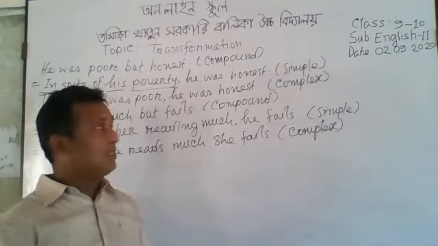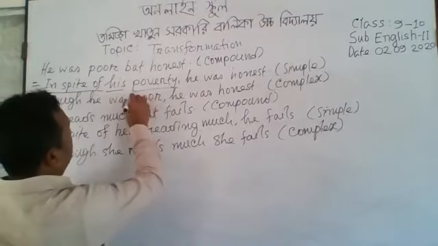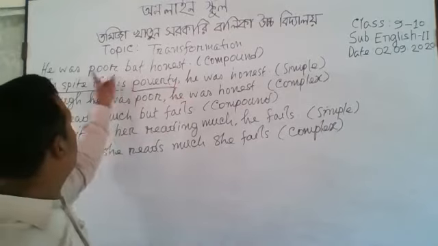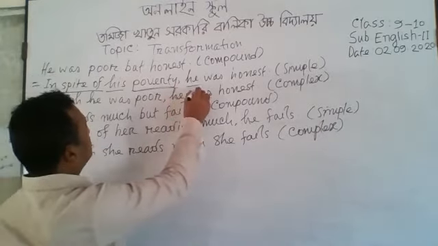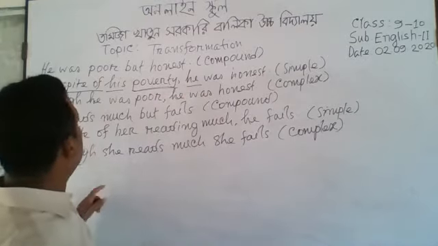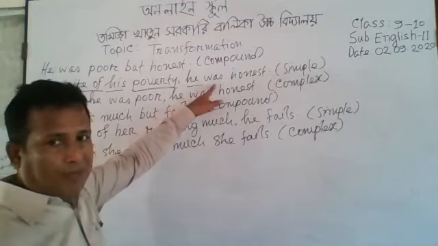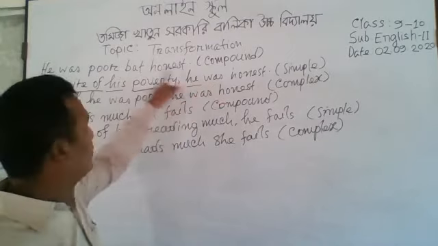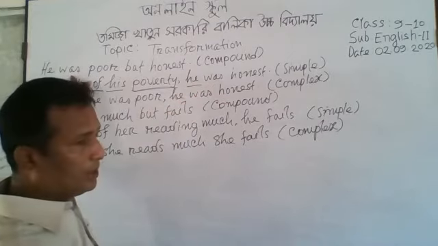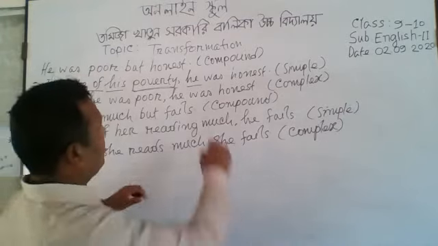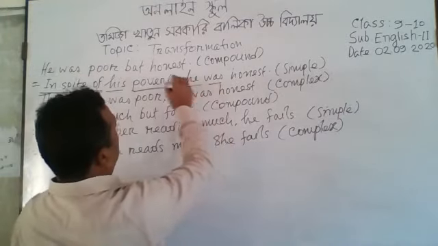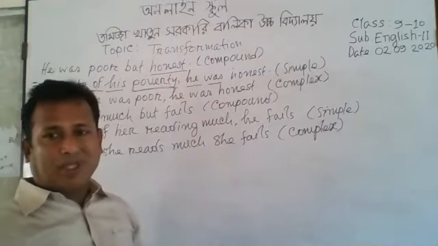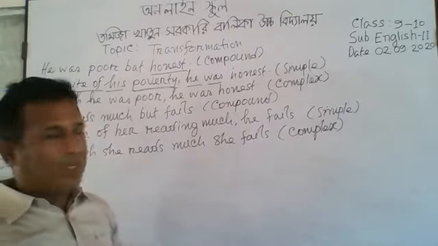In spite of, which is followed by the possessive and the noun. Then comma, the subject again, and the verb, auxiliary verb or principal verb, which is here the verb, and honest, the clause after but.